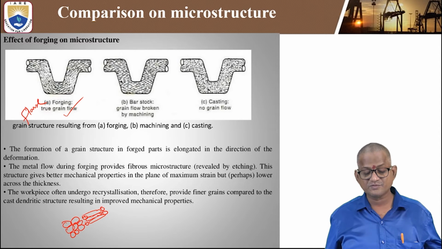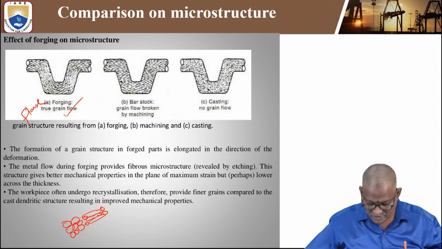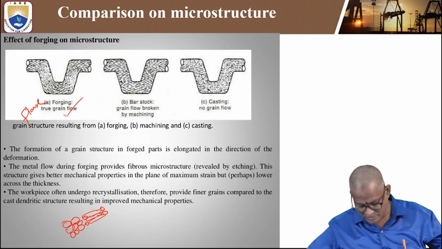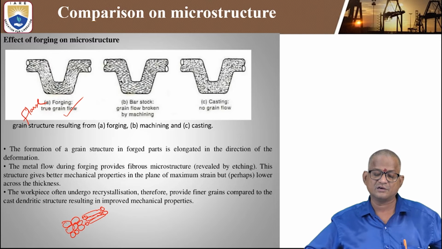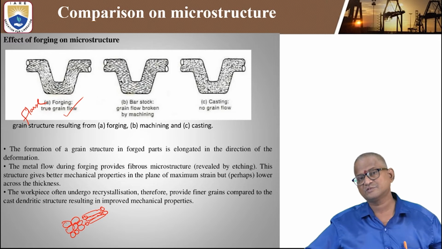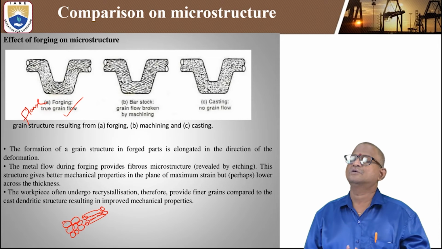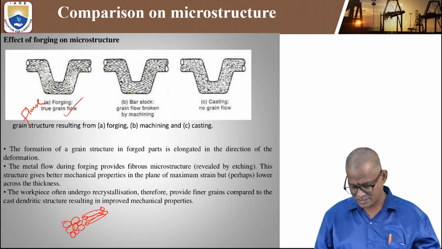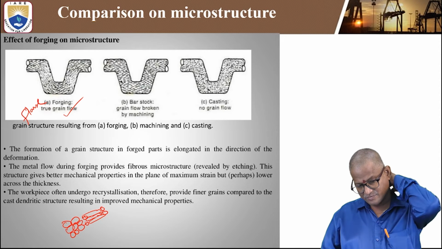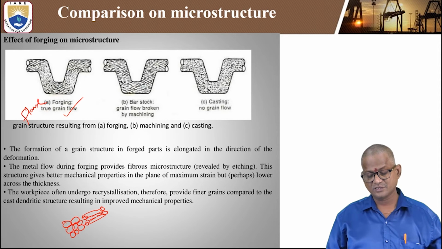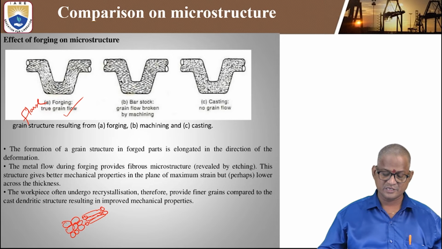Okay, this is the comparison of microstructure when we discuss the microstructure of all types of metals. Sometimes steel, sometimes other than steel, copper, magnesium, etc. Different types of metals can be used.